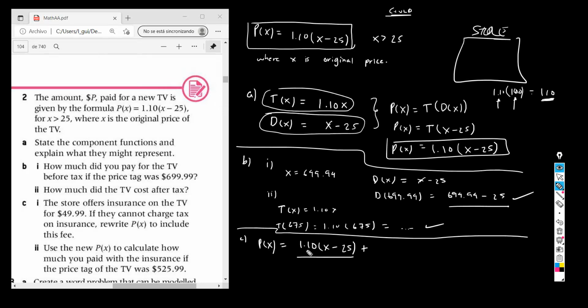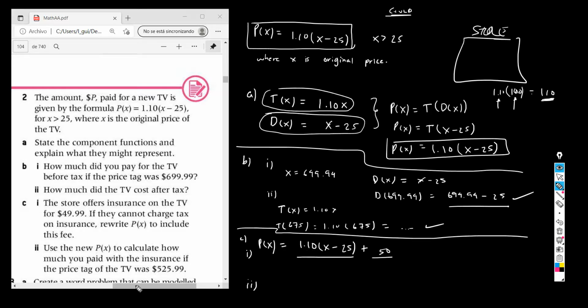The tax is only applied to the discounted price, and then you add the $50 for the insurance. But the tax is not being applied to the insurance like they told me. So this would be the result of letter C, question 1.